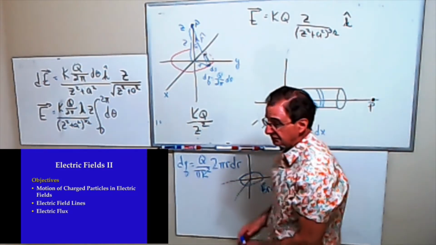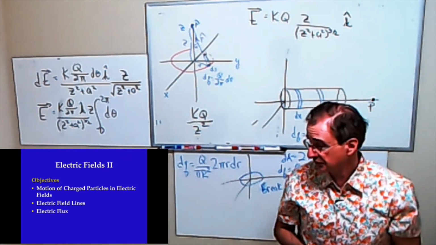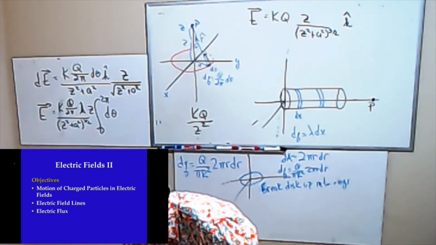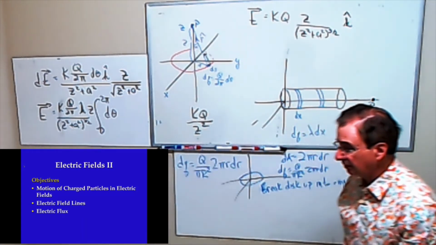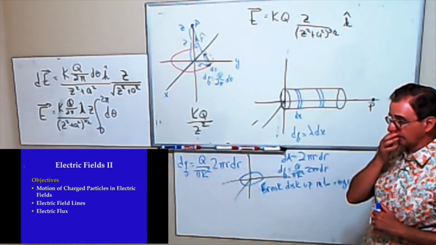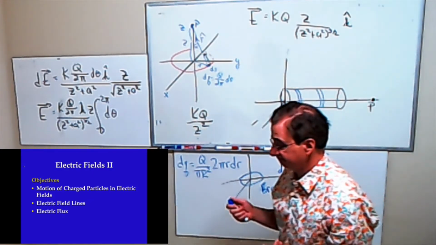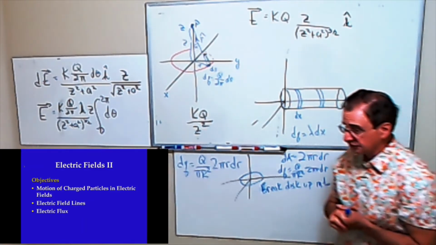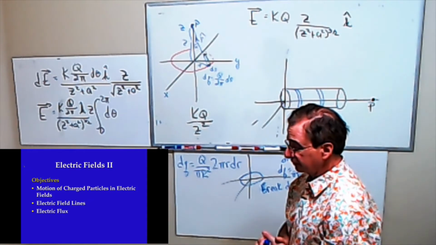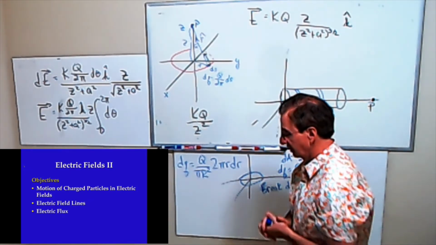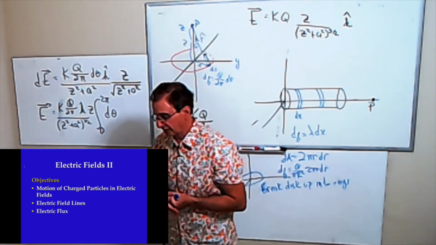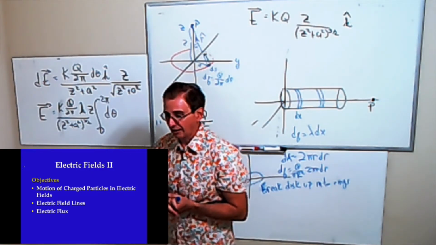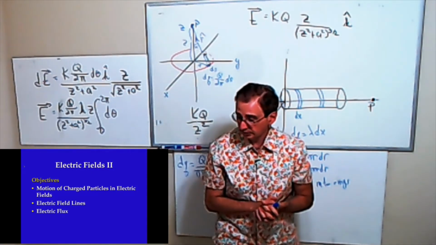Okay, next topic I want to look at is the motion of charged particles in electric fields. Basically, I want to look at kinematics. If you have a charged particle in a uniform electric field, the kinematics is no different than a particle in a gravitational field.